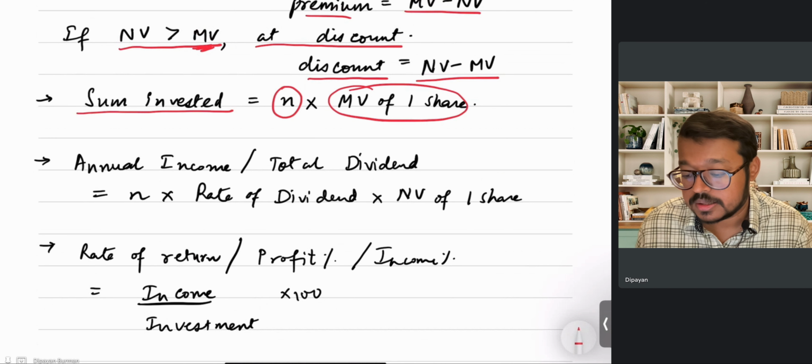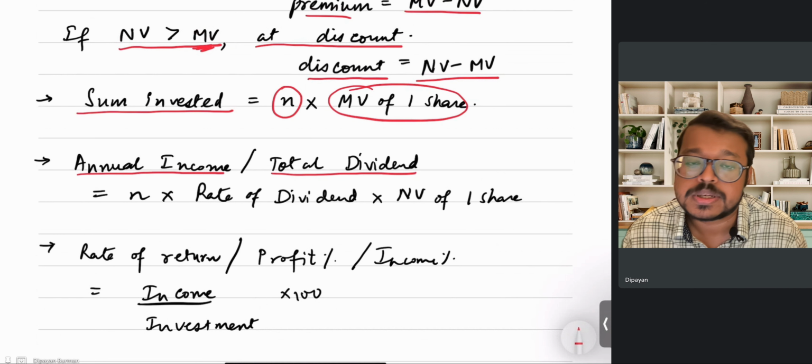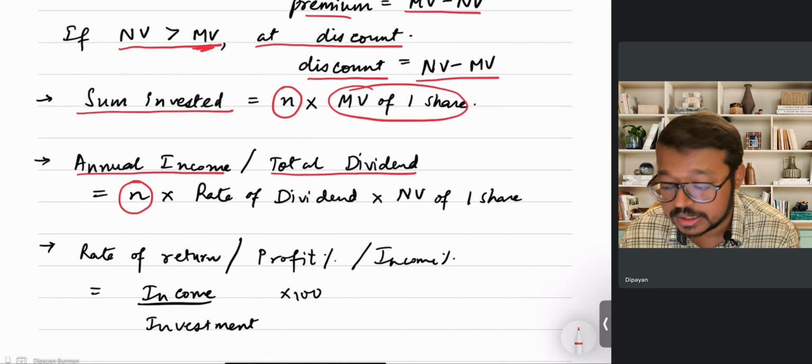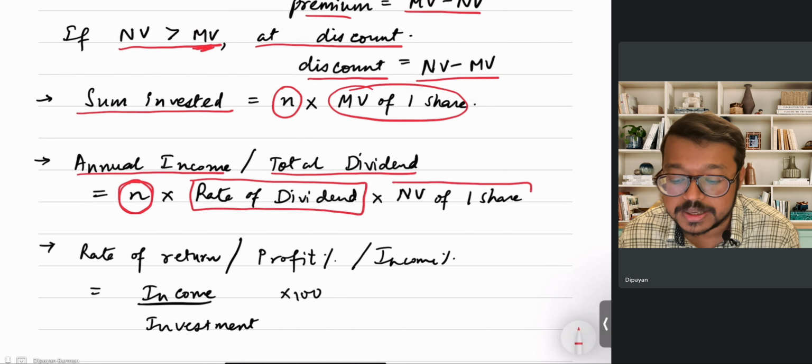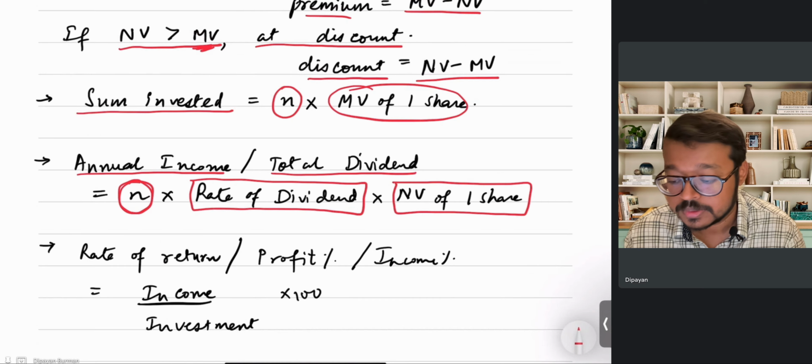The total dividend, or the annual income, for a person who has n number of shares will be n multiplied by the rate of dividend declared by the company multiplied by the nominal value of one share. So this is the nominal value, not the market value.